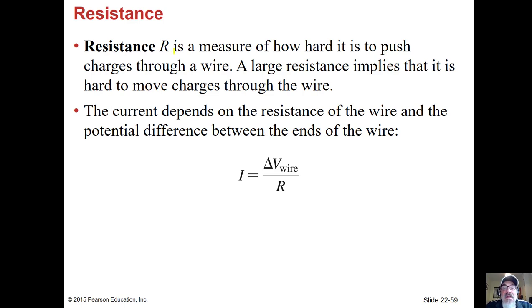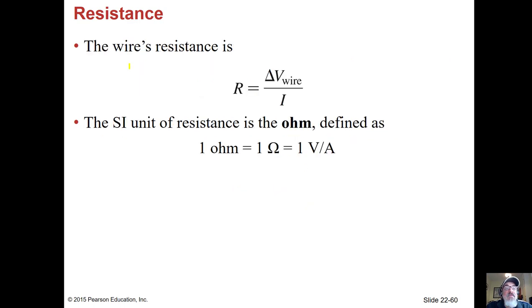It's a measurement of how hard it is to push charge through a wire. What I'm trying to say here is the current is proportional to the potential across the wire, inversely proportional to the resistance. So the smaller the resistance, the more current you have. Okay, so that's really what resistance is.